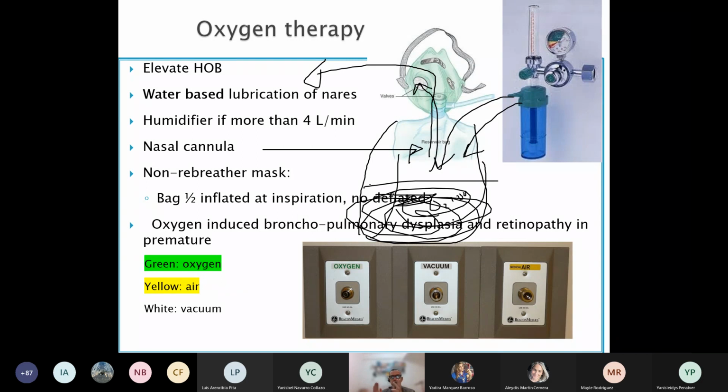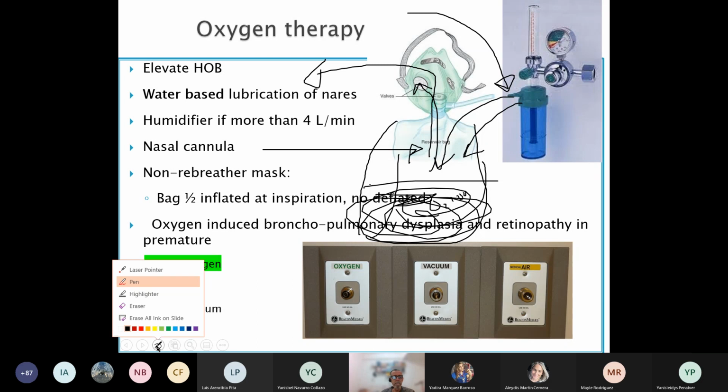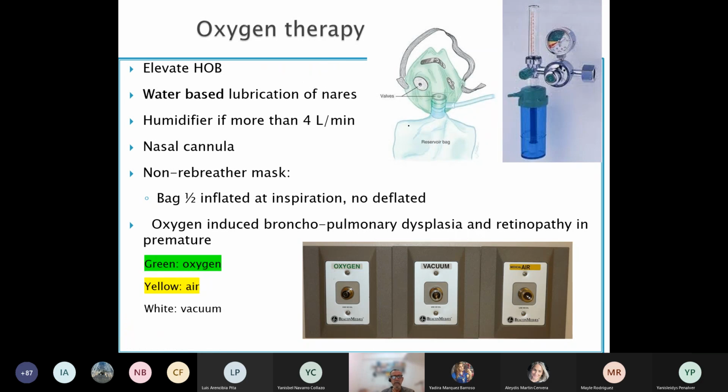If you notice that the bag is totally empty when breathing in, you are supposed to independently increase the flow in liters per minute until the bag is half inflated after inspiration. This is tested, and it is something a nurse must know.